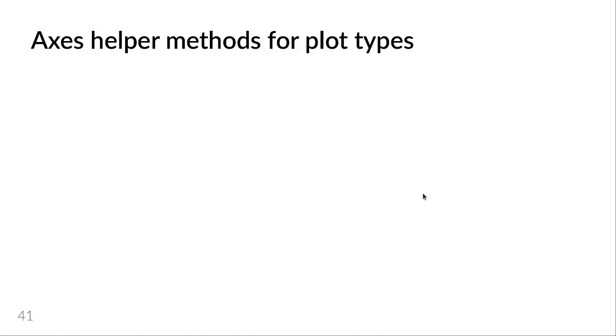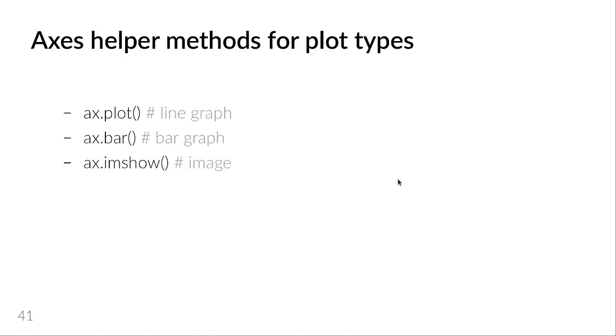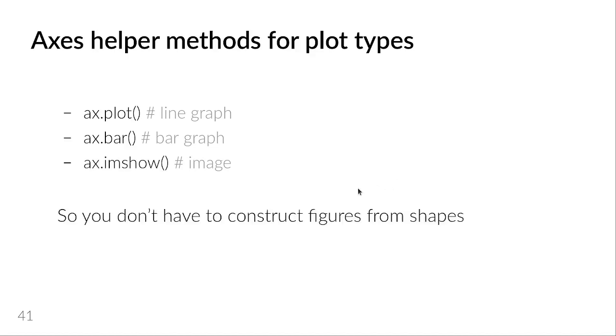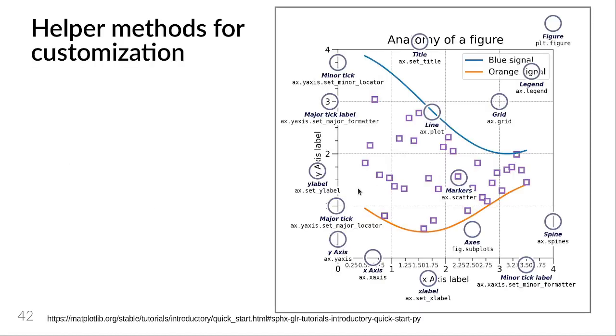On the axes artists, there are helper methods for different plot types. For example, the line and bar graphs, or for showing an image or a heat map. This is really helpful, hence the name helper method, so you don't have to construct figures from basic shapes and lines.